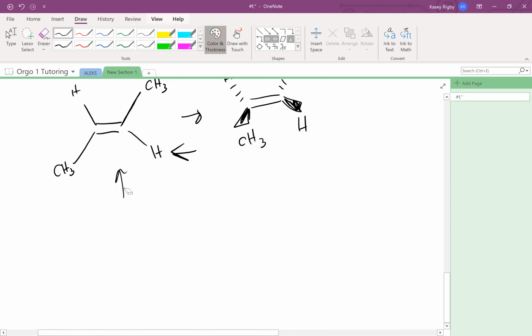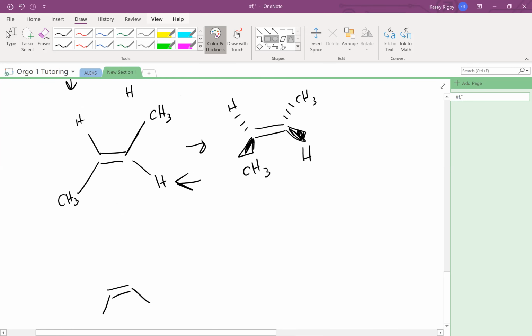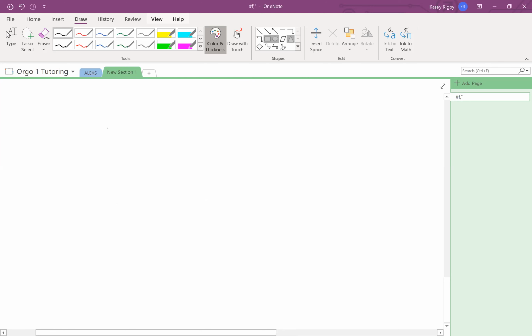Like, let's say we had something like this. This is called cis. Don't worry about that right now. If we drew this, sorry, let me draw this a little bit better. That's not very much better. But if we drew this like we did before, we'd have CH3 on this side, CH3 on this side, H on this side, H on this side.